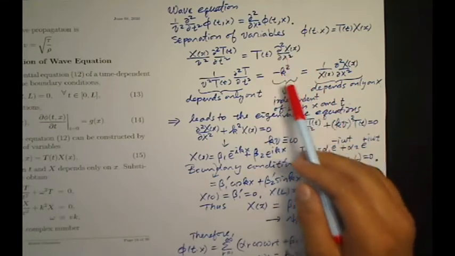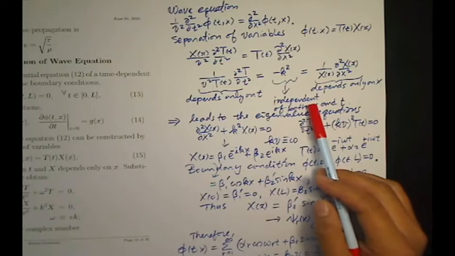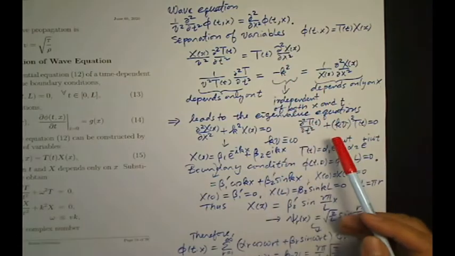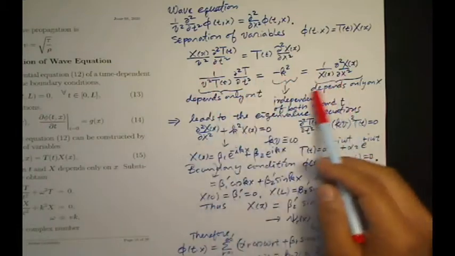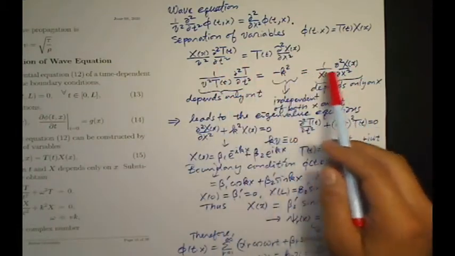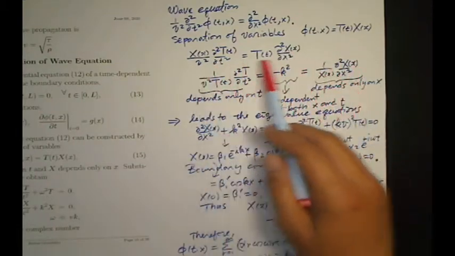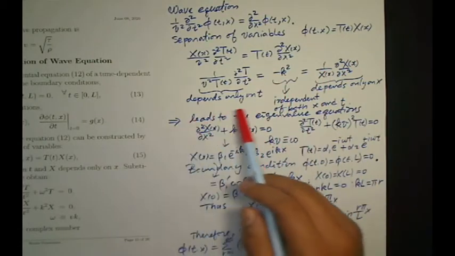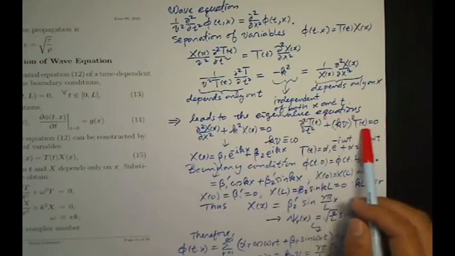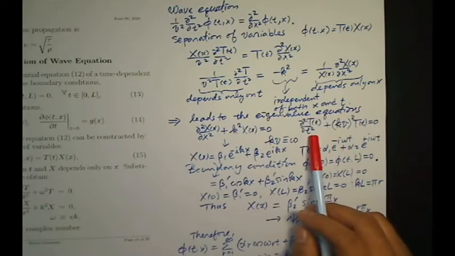And because K is not determined, it is a kind of eigenvalue problem. Reorganizing this simultaneous equation into two pieces, the X differential equation and the T differential equation are separated completely.